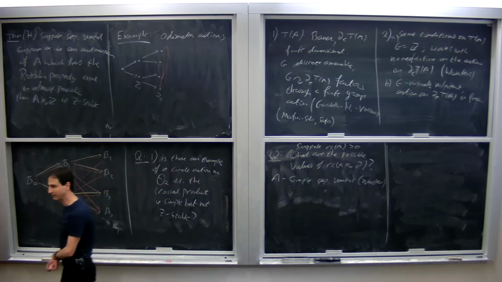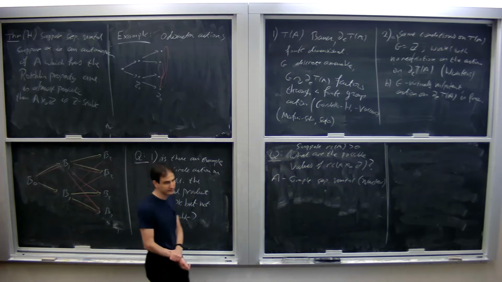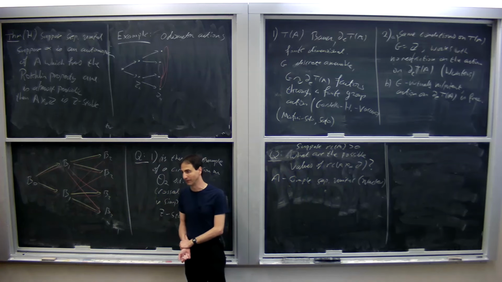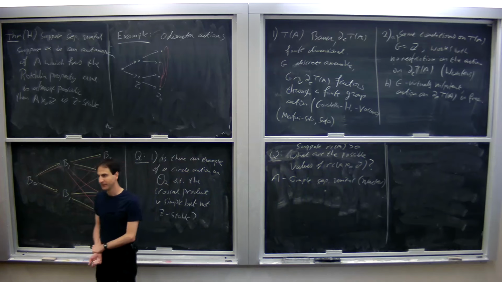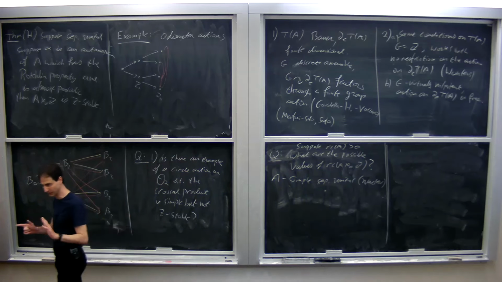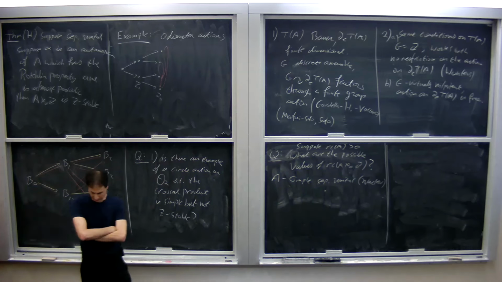So this does give you an example of an action of the integers on a classifiable C-star algebra such that the fixed point subalgebra is simple but not Z stable. The fixed point subalgebra behaves differently from the cross product, so it's not a counterexample or anything, but it's just a curiosity. So okay, let's end here.